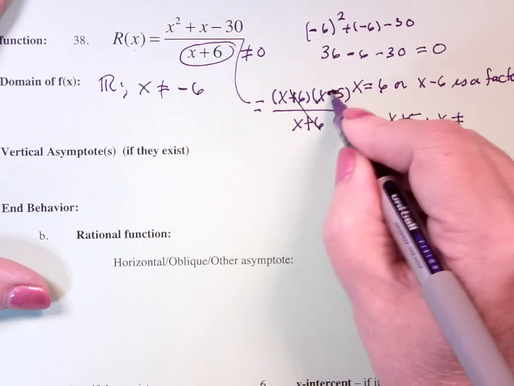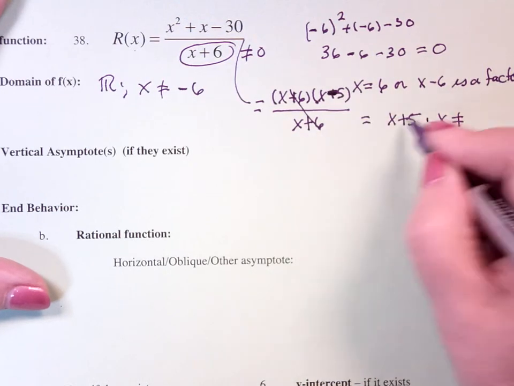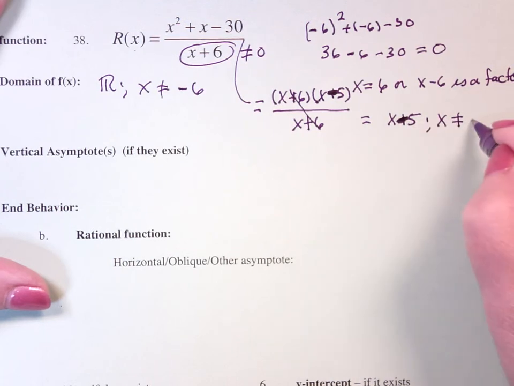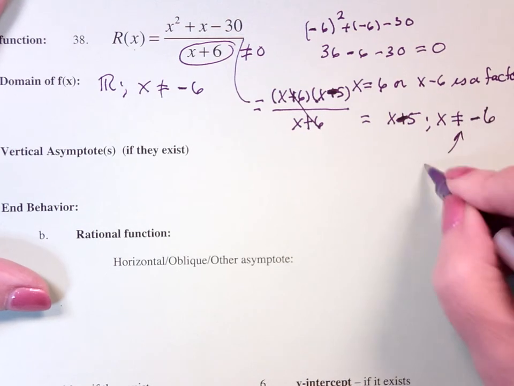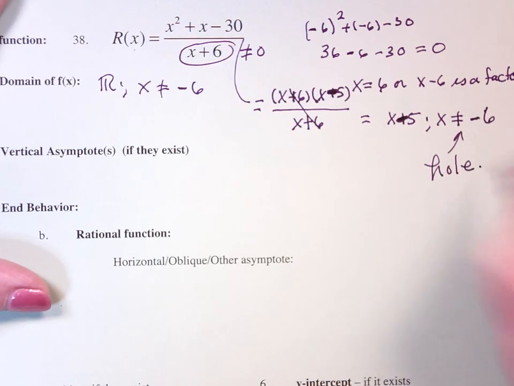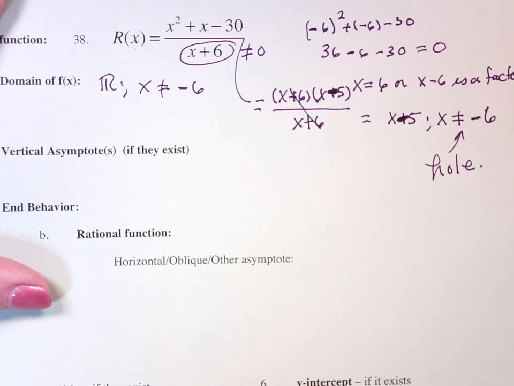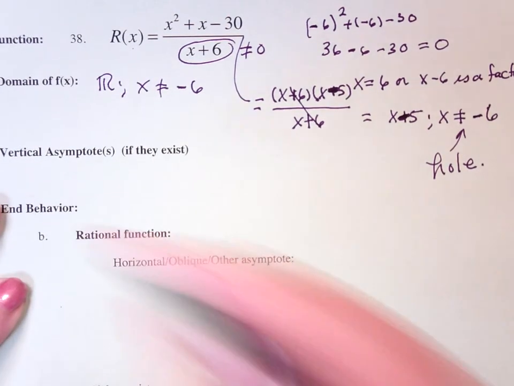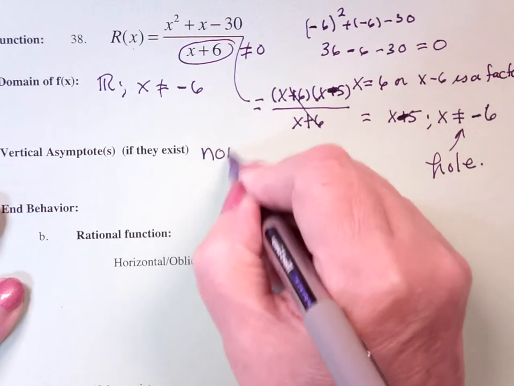This makes that a minus, wasn't paying attention. So it's x minus 5. And x can't be negative 6. And what's there? There's a hole at x equal negative 6. So vertical asymptotes, there's none.